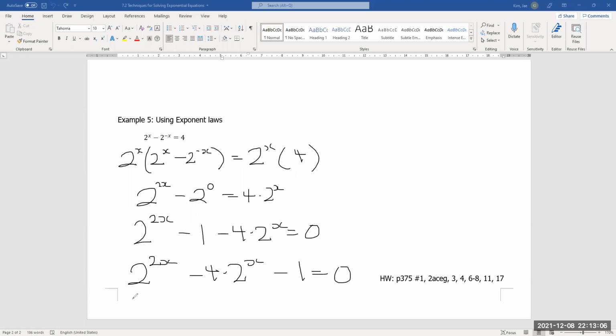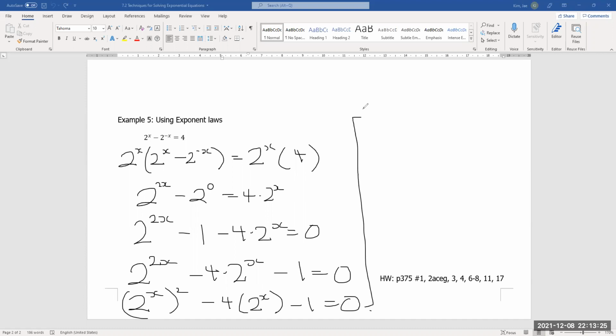And if you don't see it, here's a final line. 2 to the power of x, all squared, minus 4 times 2 to the power of x, minus 1 equals 0. Yes, you can substitute. This becomes a squared minus 4a minus 1 equals 0.